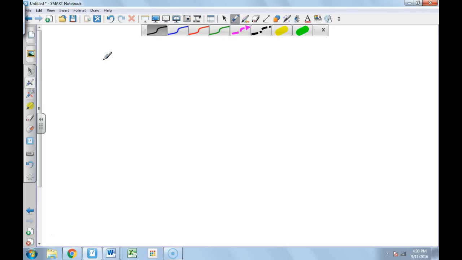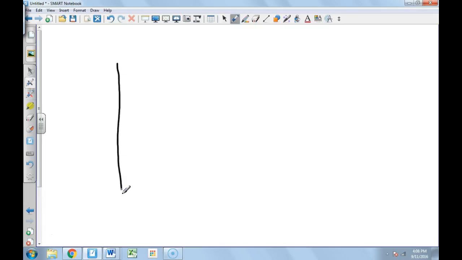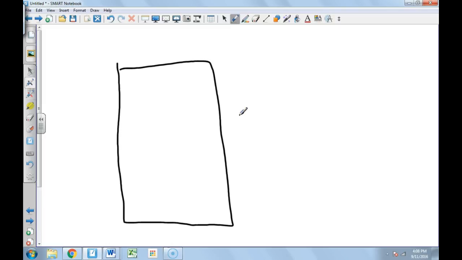Now you're going to open up the front cover, and you're going to have this page. What you're going to do is label that first page table, not tabular, table of contents. I'm sorry about my stylus, it doesn't work very well sometimes.